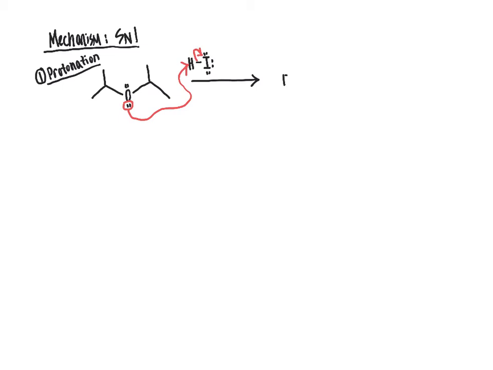That's going to give us iodide anion. In addition to iodide anion, we will get protonated oxygen here, like so, with a positive formal charge on it.